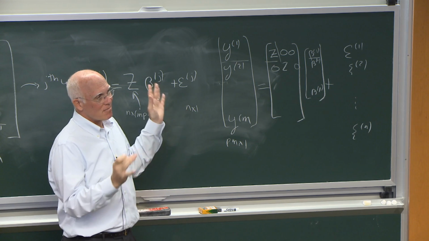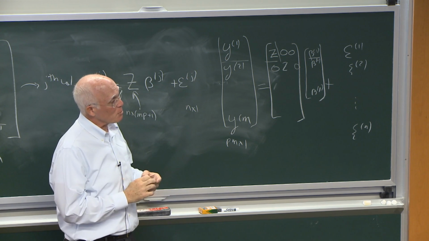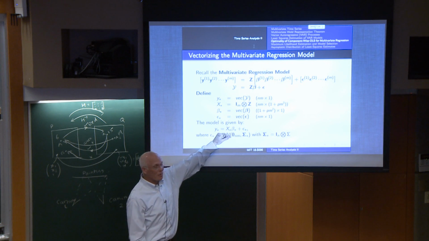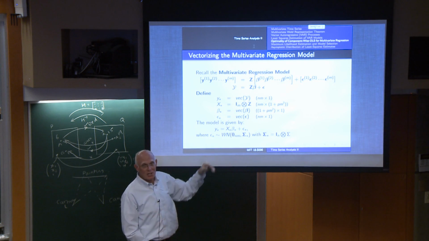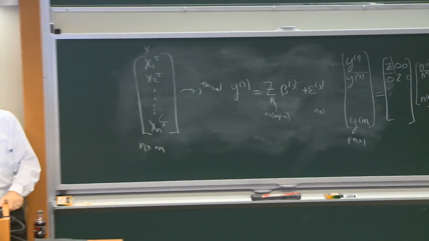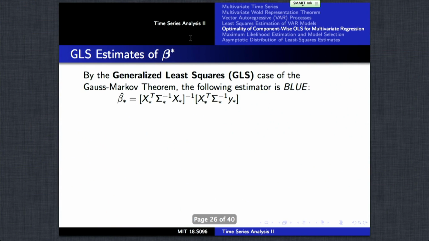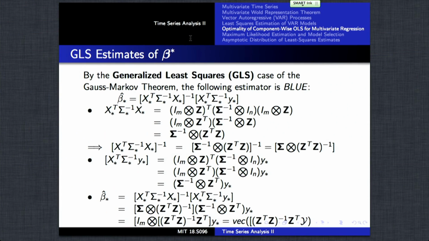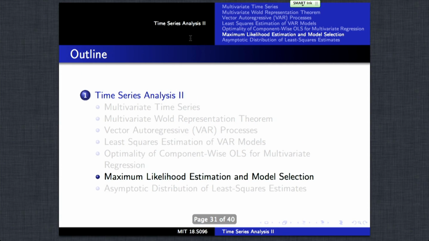So this is just re-expressing everything in this notation, but the notation is very nice because at the end of the day, we basically have a regression model like we had when we were doing our regression analysis. So all the theory we have for specifying these models plays through with univariate regression. And one can go through this technical argument to show that the generalized least squares estimate is in fact equivalent to the component-wise values. And that's very, very good.